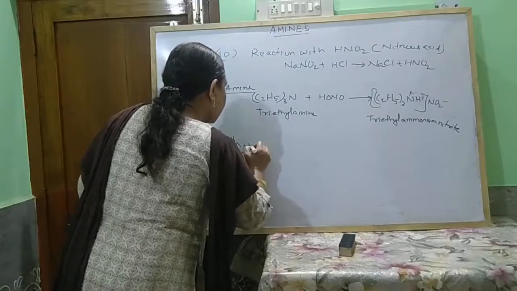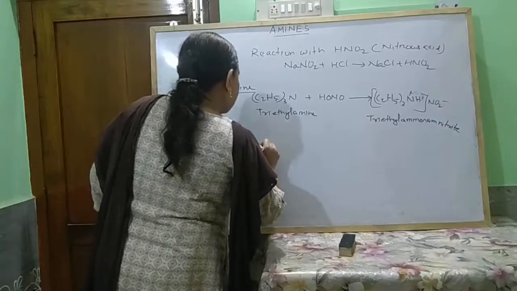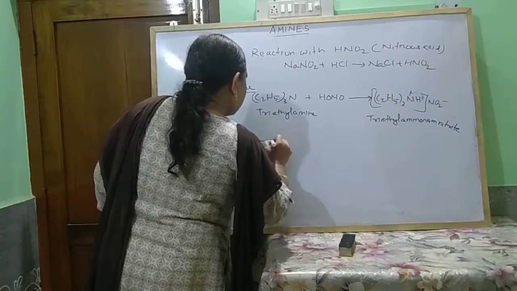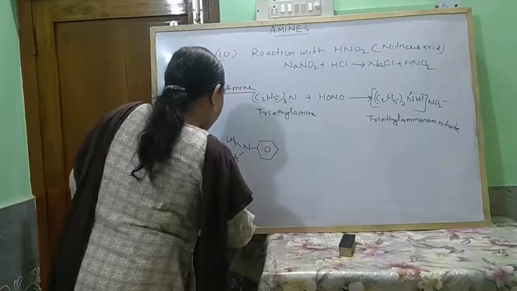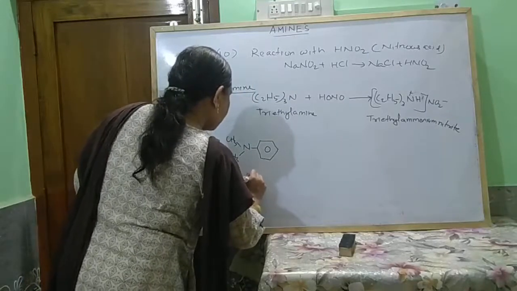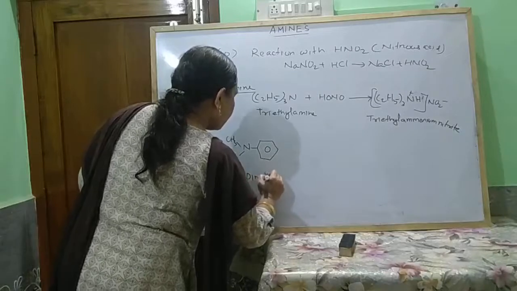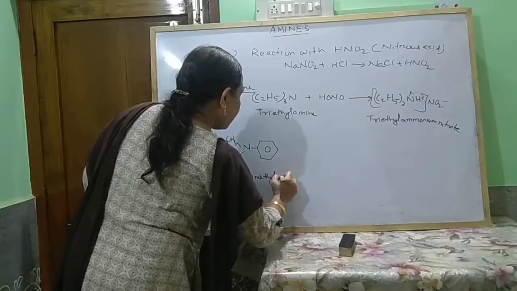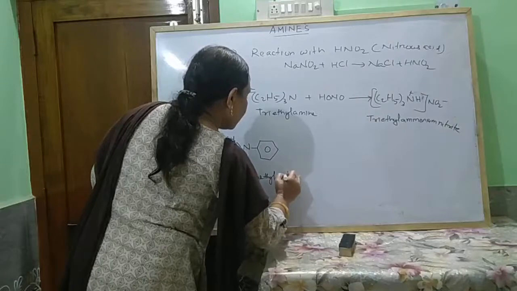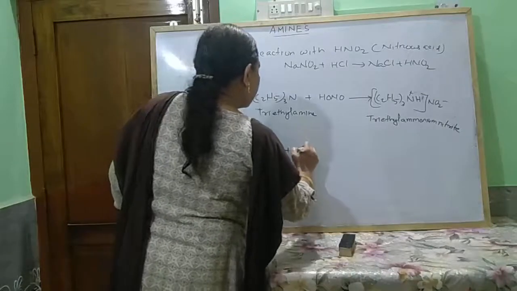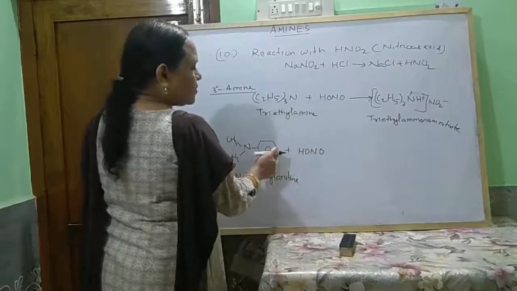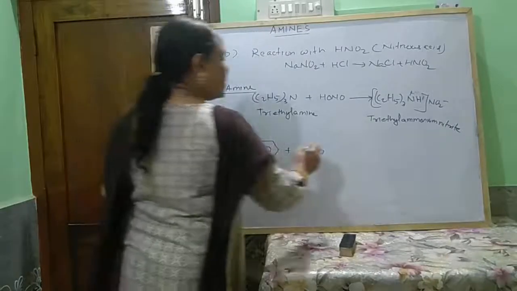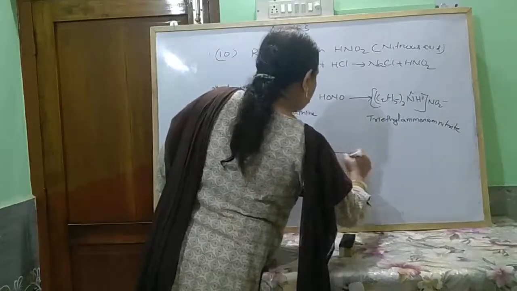CH3, CH3, this is N,N-dimethylaniline, which reacts with nitrous acid. Here also one hydrogen from here and OH from here, liberation of a water molecule takes place.